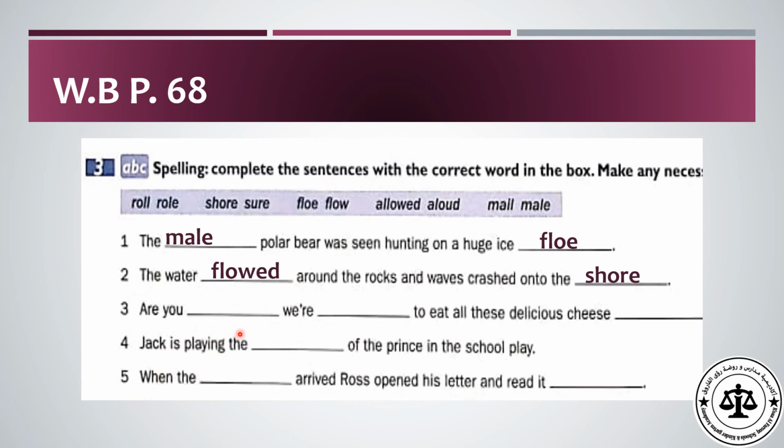Number 3, are you sure we are allowed to eat all these delicious cheese rolls? Number 4, Jack is playing the role of the prince, the prince's part, in the school play.